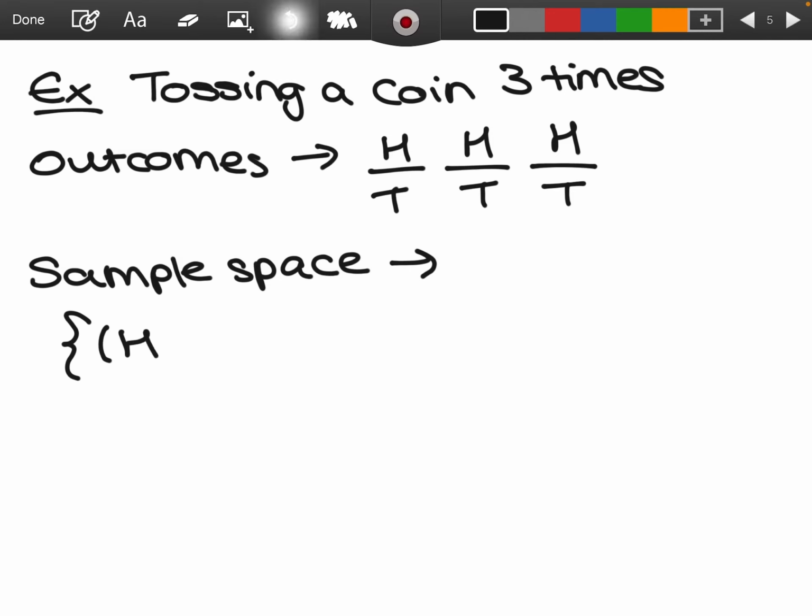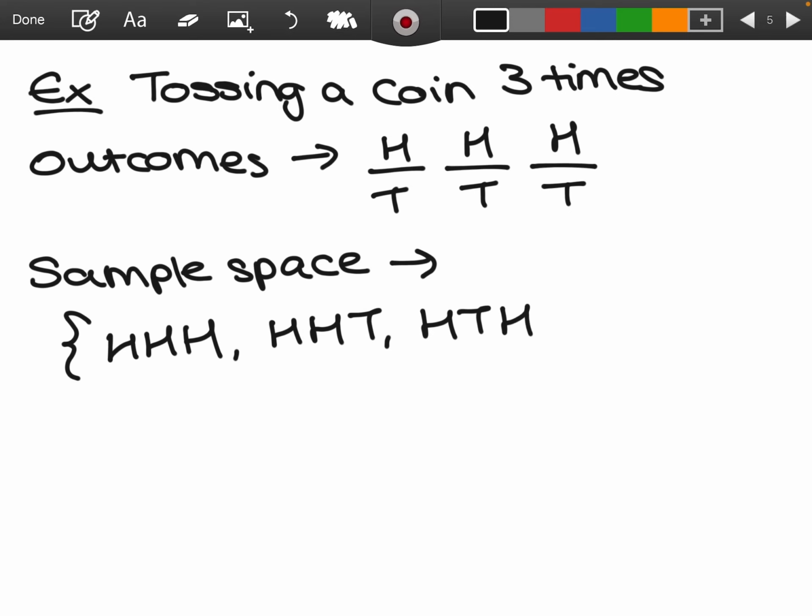Well, I can have heads, heads and heads, where I've tossed this coin 3 times and every single time I've got heads. I could have heads, heads, tails. I could have heads, tails, heads. I could have tails, heads, heads. So that's all 3 possibilities where I've had 2 heads.